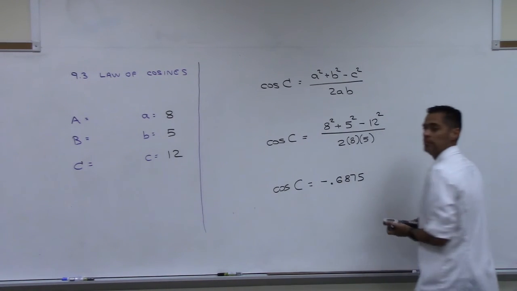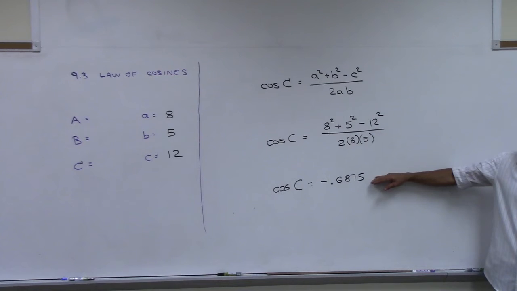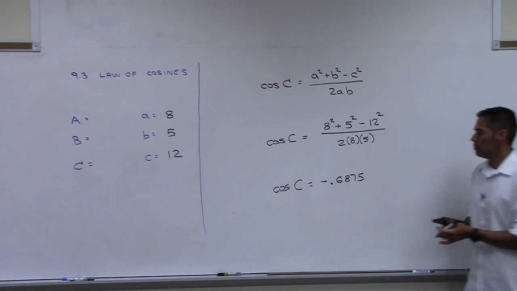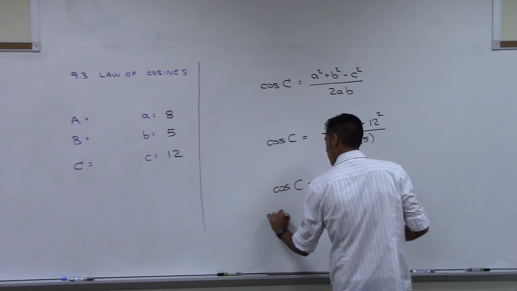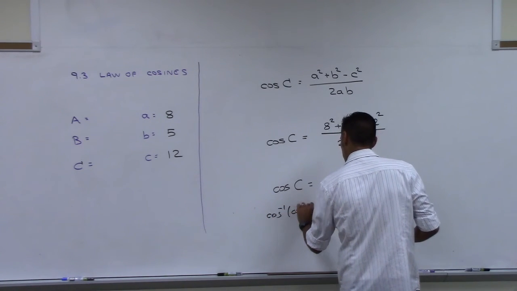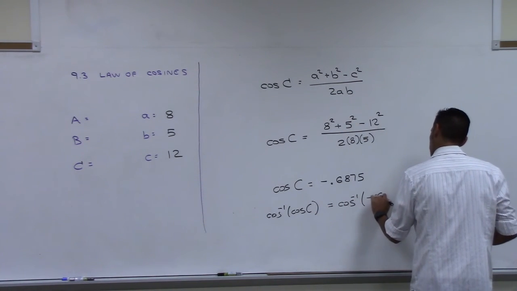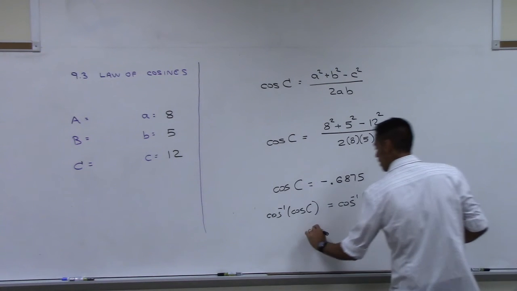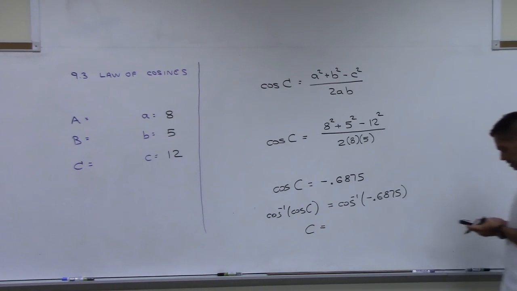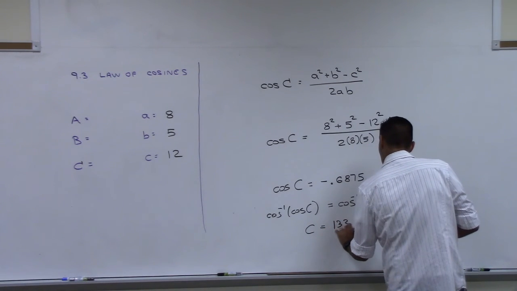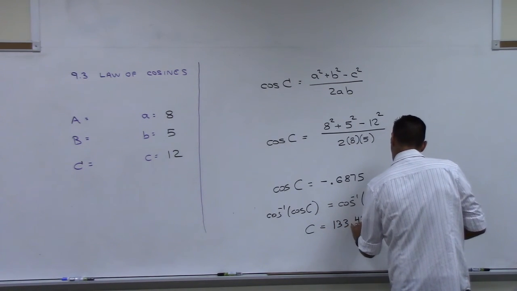Anyone else get that? And at this point, you do arc cosine. So if I do arc cosine of cosine c, it'll kill it off. Arc cosine of negative 0.6875. So c will be 133.43 degrees.